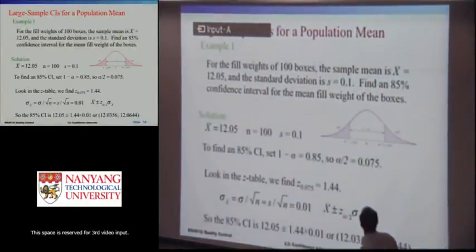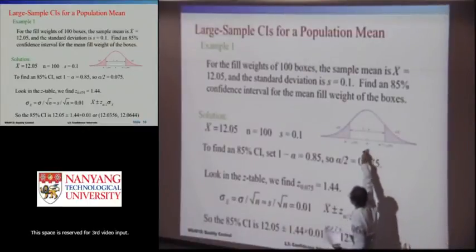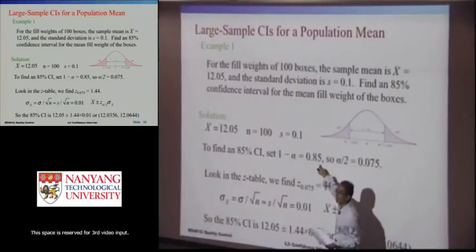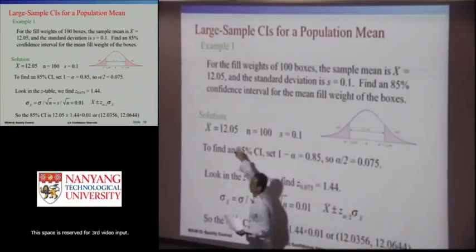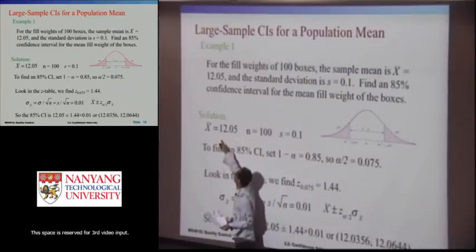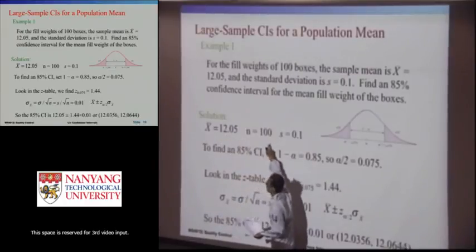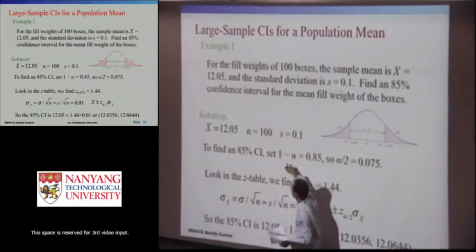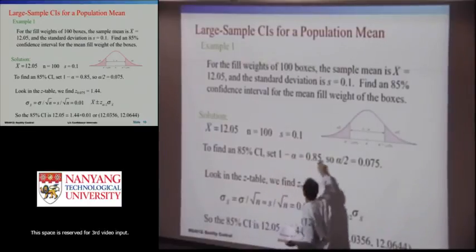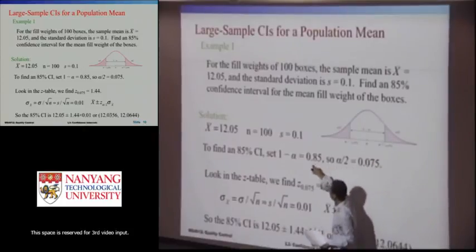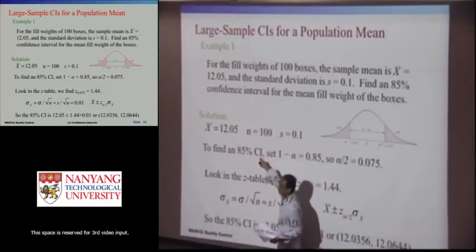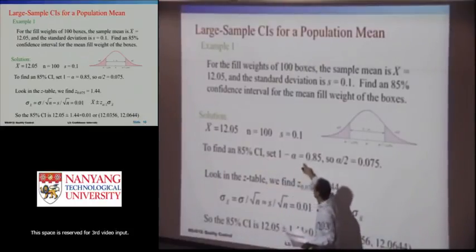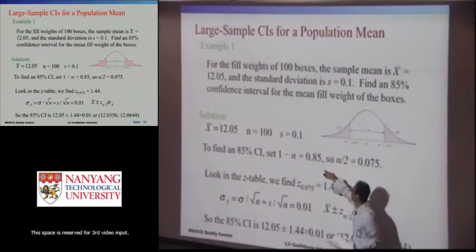So then we get this figure, and 1 minus alpha equals 0.85, and x bar, here we only have one sample, so x bar equals 12.05, and this is the sample size, and this is the standard deviation of the sample. To find the 85% confidence interval, we set 1 minus alpha equals 0.85.